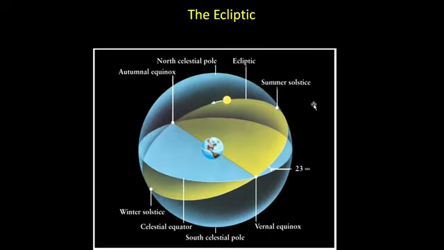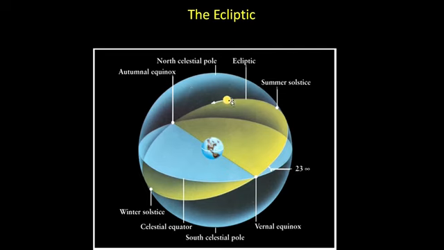Here's a nice cartoon out of the book. This shows the celestial sphere. It shows the path that the sun appears to take over the course of the year, this ecliptic right here. There's another important feature of the celestial sphere, which is the celestial equator, which is just if you take the Earth's equator and you extend it out to the imaginary celestial sphere, you have a path called the celestial equator.